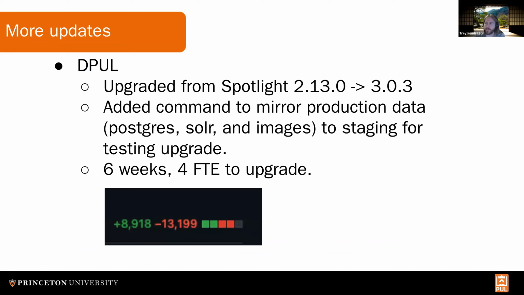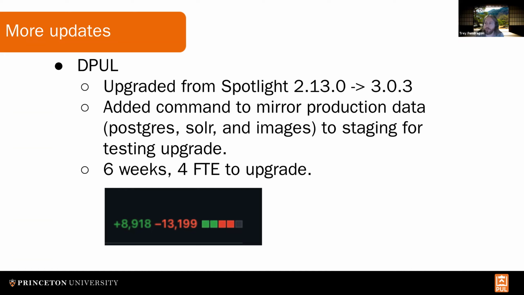Another piece of work that we've done is we've spent the last 6 weeks or so upgrading DPUL, which is our Spotlight instance, also known as the Digital Princeton University Library. We've gone from Spotlight 2.13 to 3.0, which included also a Bootstrap upgrade and a Blacklight upgrade.